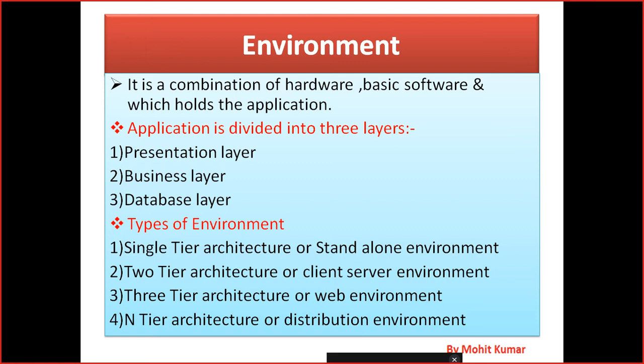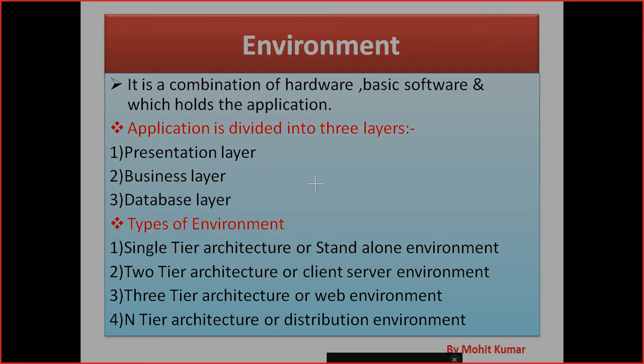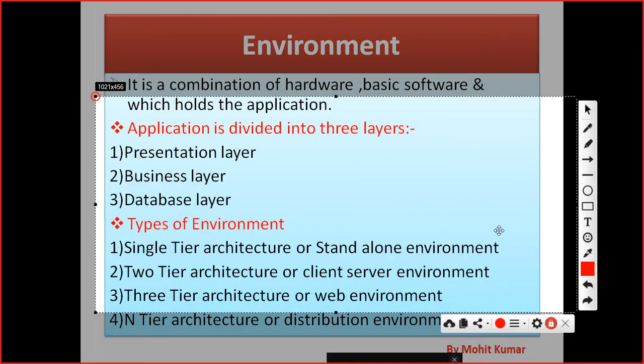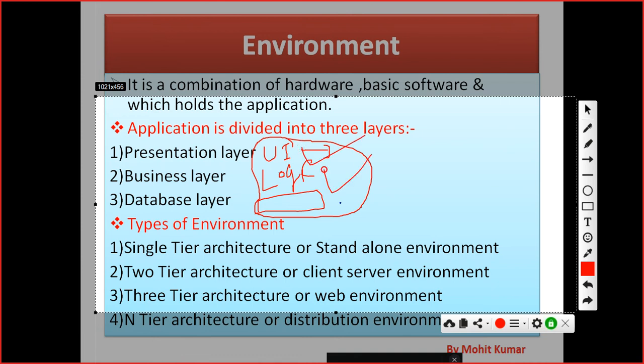The presentation layer means your UI part, the user interface, HTML and all. The business layer means the development logic, and the database means where the data is going to be stored. So these are the three layers if you have to develop any software: front end, back end, and database.